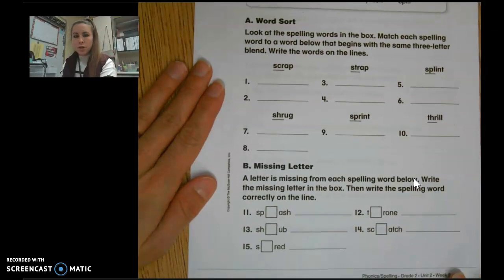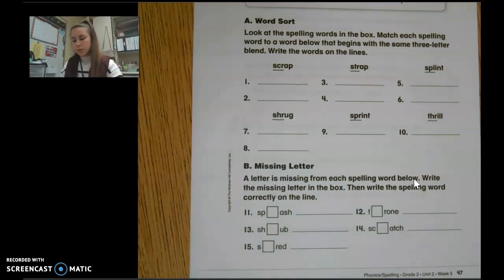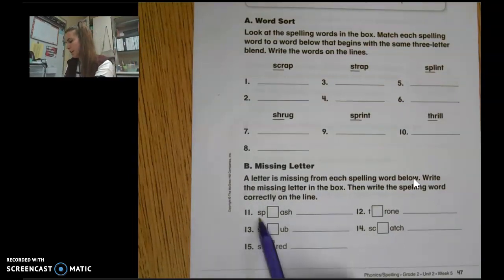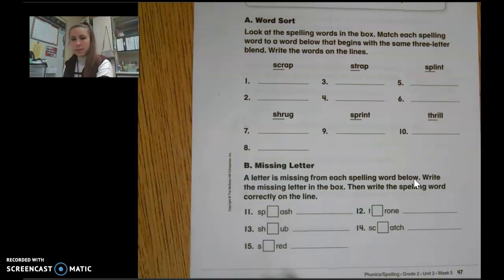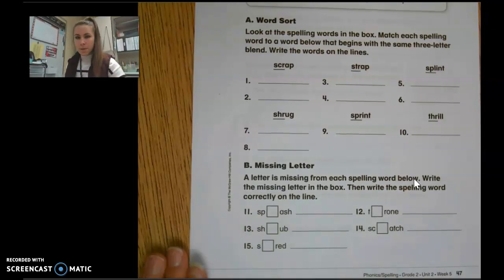On the bottom, you're going to be looking at missing letters. Each box is there because the word is missing a letter. If I just had SPASH, spash is not a word. I need to have a letter here so that I am making a word.